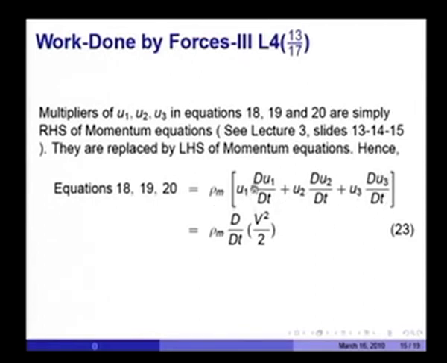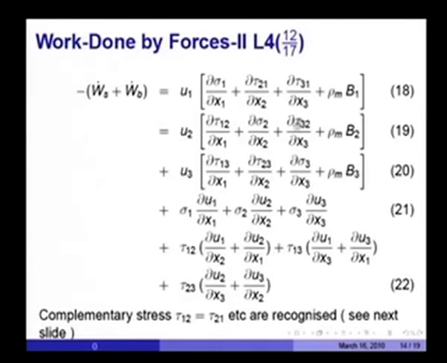And this would simply be d u 1 square by 2 dt, d u 2 square by 2 dt and d u 3 square by 2 dt, which we write as d v square by 2 d by dt into rho m. So, these are the first three terms that we have expressed.